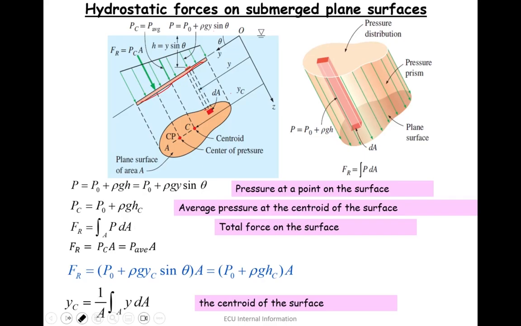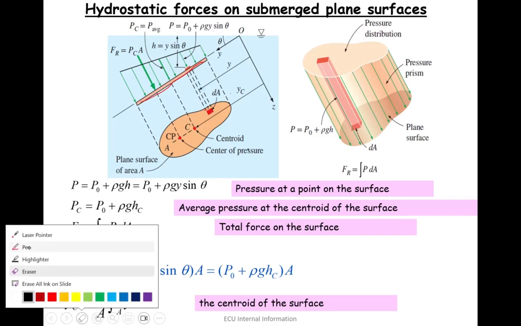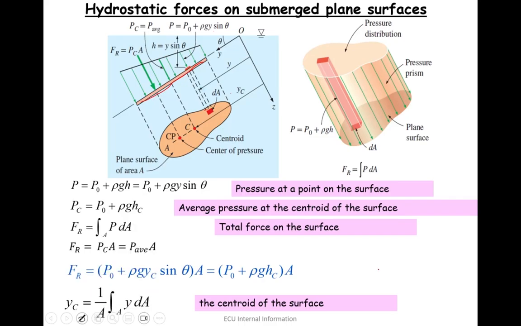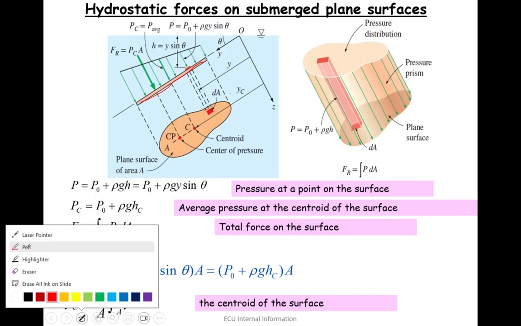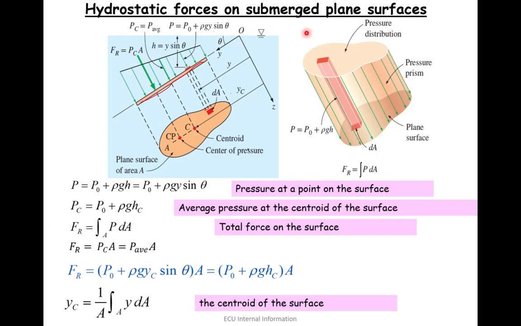What we see here in this figure is this: look at the terms. This is the origin. This is Y. This is Z. Z is normal to the page. For now we don't worry about Z, we are only looking along the Y direction.